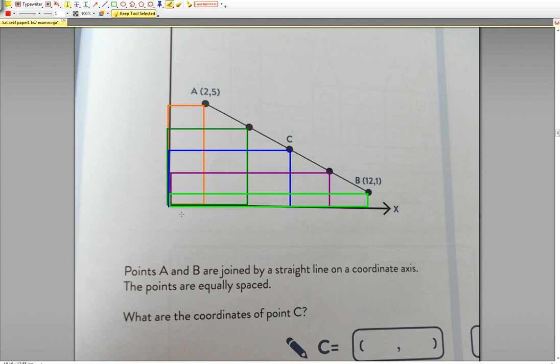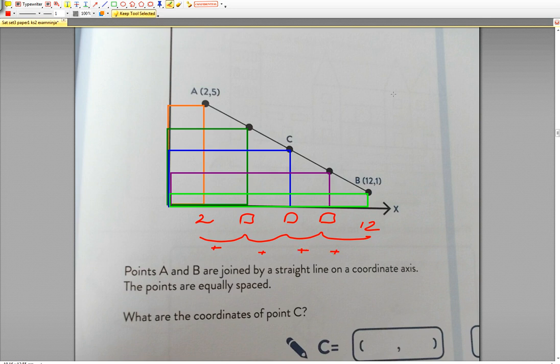Okay, now I'm going to start labeling it. A is equal to 2 across, and B is equal to 12 across. So we've got equal spaces now. How many gaps do we have? 4.